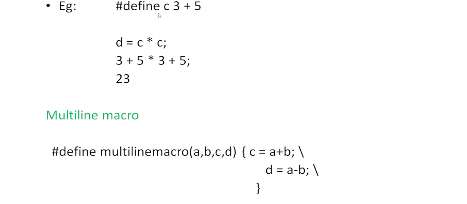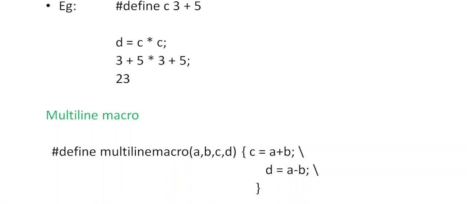You can declare like this: hash define C 3 plus 5. That means hash define is a reserved word you have to use as it is, followed by C, the name, followed by the text. So wherever C appears within the program, it will be replaced. Here you have declared C as 3 plus 5, so this will be replaced. After replacing, evaluation takes place.